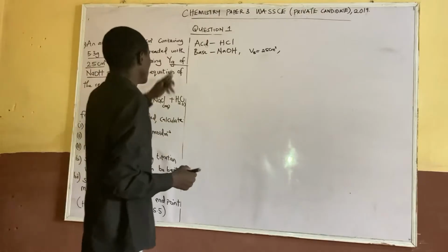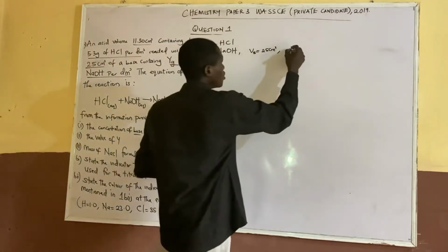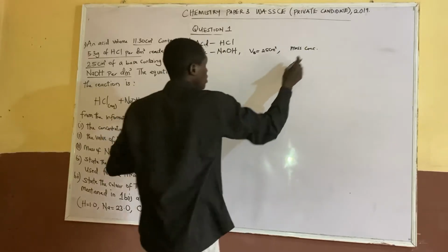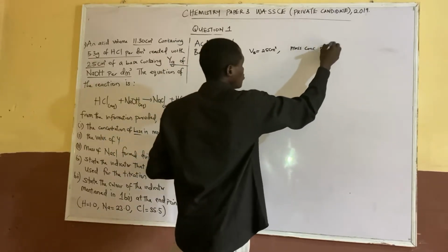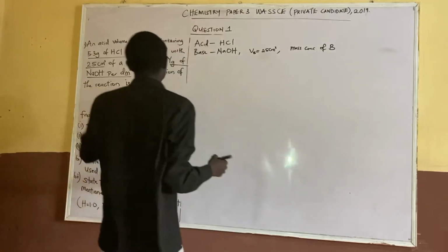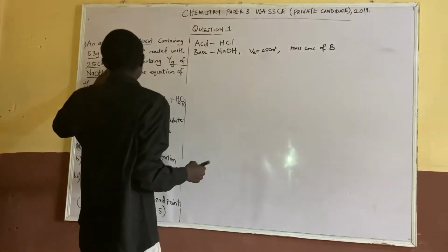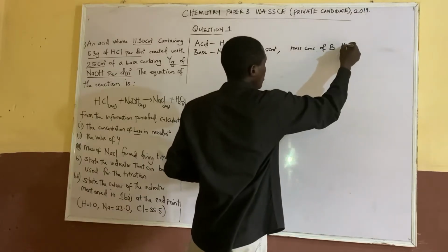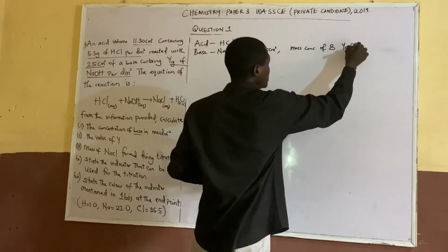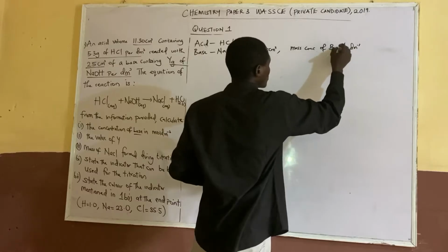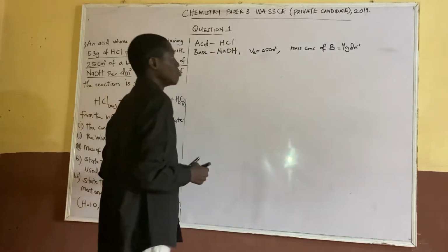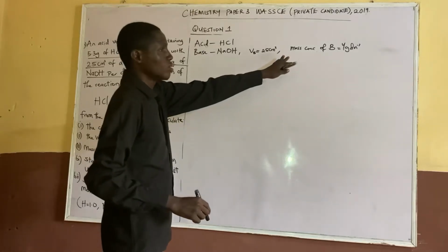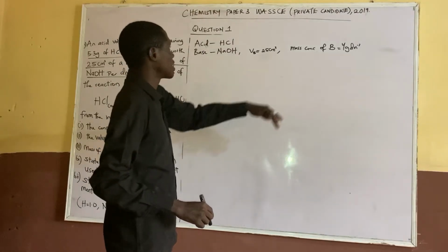It means that the mass concentration of B, which is our base, is given as Y gram per dm3, meaning that we have little information concerning the base.